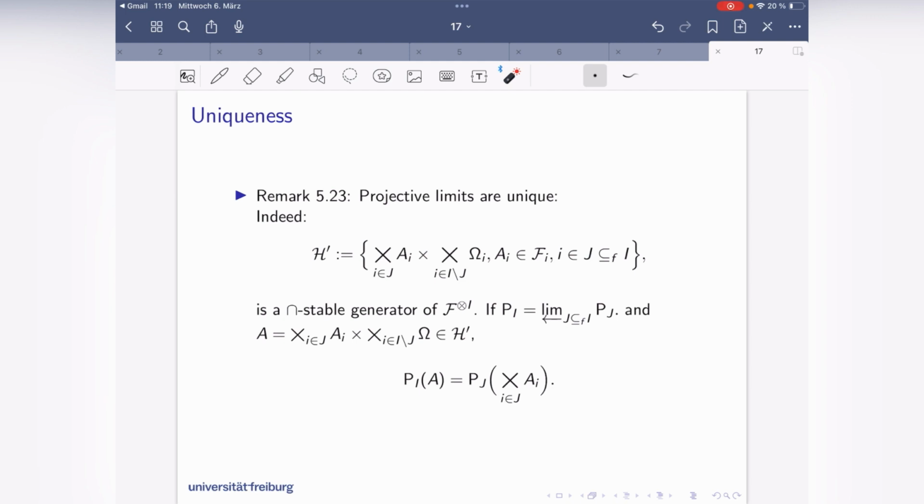So in order to show uniqueness here, let's assume we have two projective limits. We only have to show that they are the same on an intersection stable generator. And this here, the H prime, is an intersection stable generator.